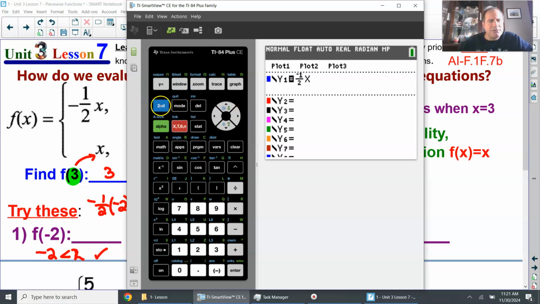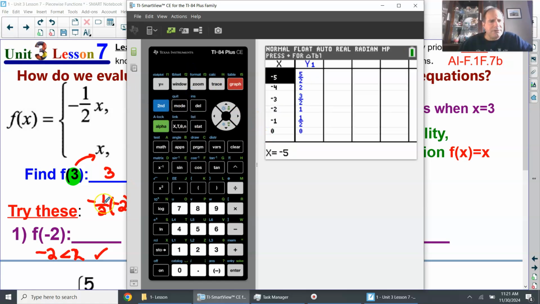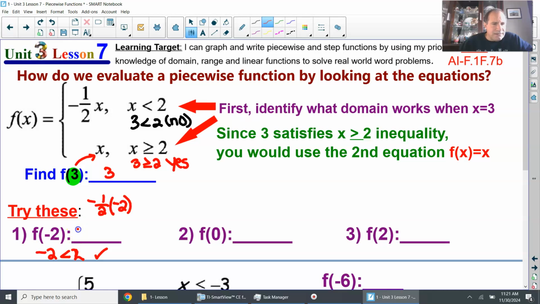Then press second function table, and then you would go to negative 2, and the value is 1. I'm sure you could do that in your calculator, but that's what you were basically doing there. 1 is the answer.